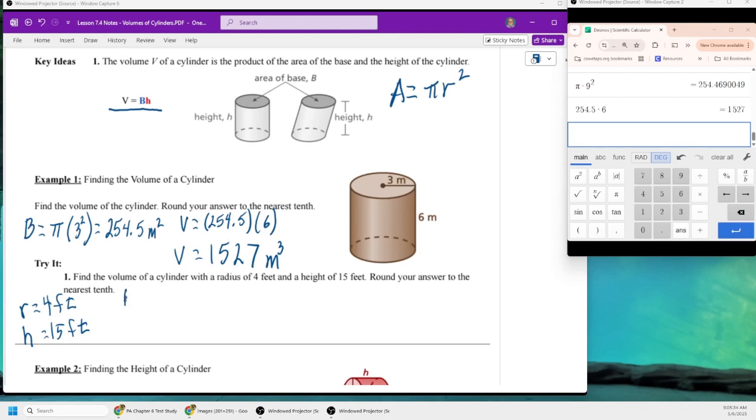So what is the area of that? What shape is the base? The radius of the circle is 4. So to get our area, you take pi times 4 squared, and that's going to give us 50.3.